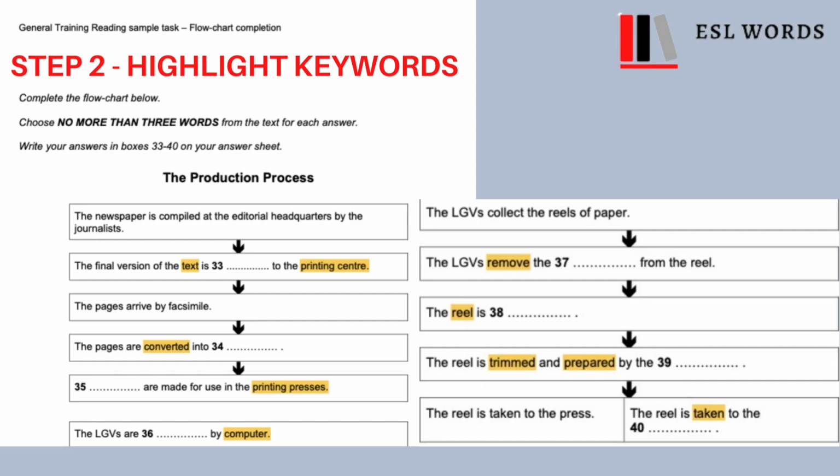And once we go directly to the questions, step 2 is highlight the exact keywords you think you will find in the passage. So as you see at the example here, I've highlighted all the keywords that I think will help me find the answers in the passage.